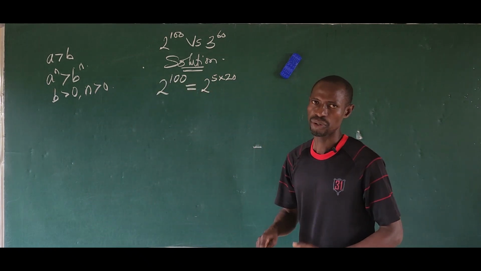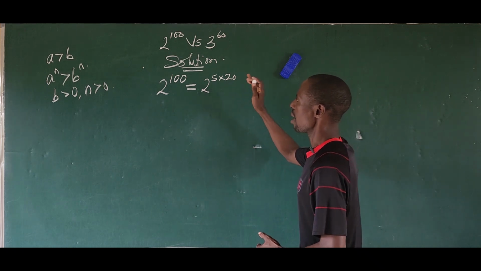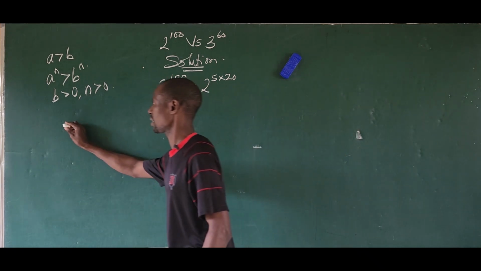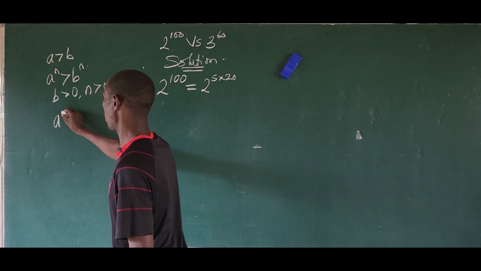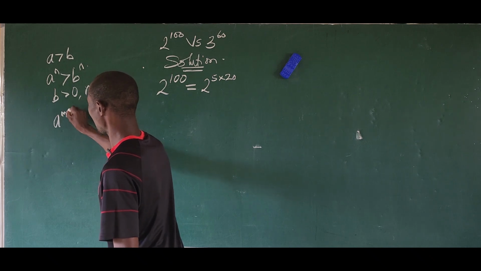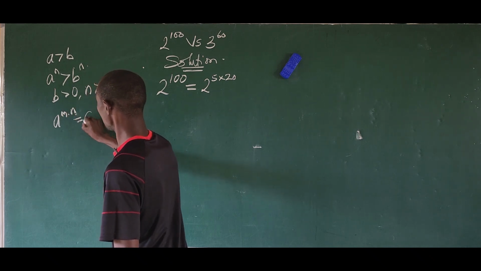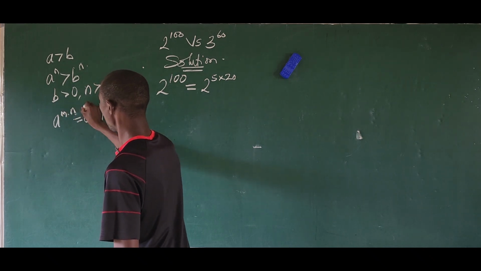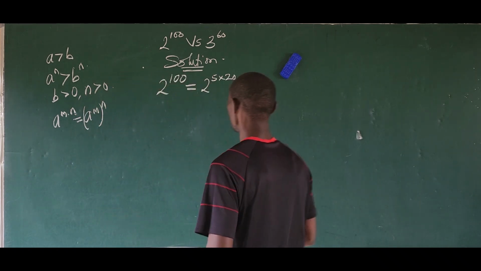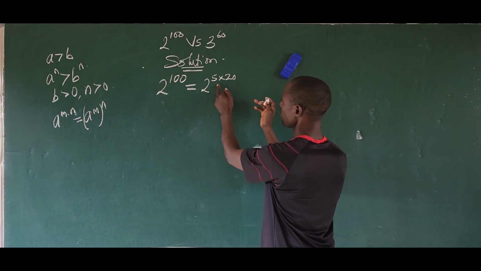Good. So if we apply the property of indices, it says that A to the power of M times N is the same thing as A to the power of M, all raised to N. So I want to separate this 5 from this 20.